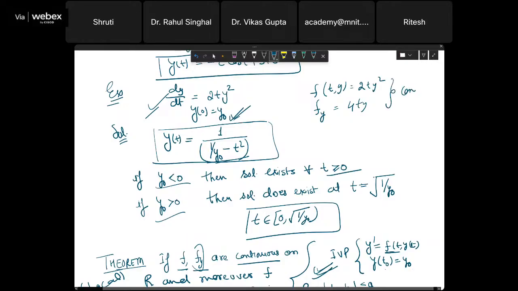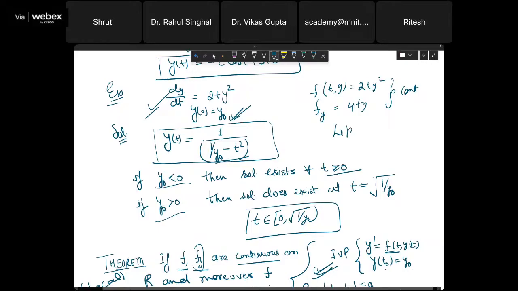Both functions are continuous on the domain of this initial value problem, in fact for all t and y. If f is continuous, then the solution will exist.